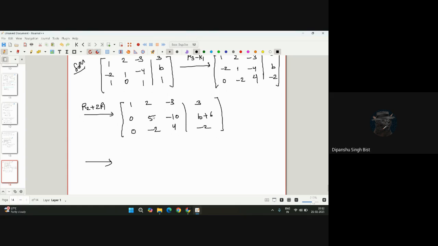From R2, you are adding 5 by 2 times R3. So that will make it 0. 5 by 2 here will give you 5 and then 0 again. Yeah. 0, minus 2, 4. And here you have minus 2, here you have 3, here you have 1, 2, minus 3.